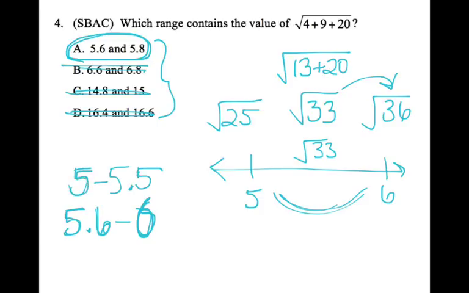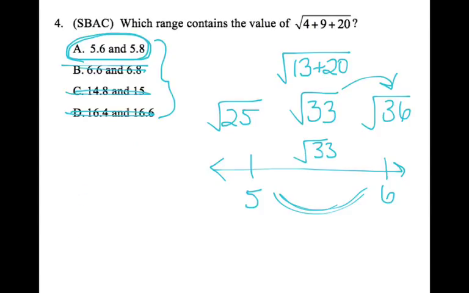Our first choice here is the bottom half of the number line, and this is the top half. Since 33 is only 3 away from 36, that would mean it would be in the top half of the numbers. So it's going to be somewhere between 5.6 and 6. So again, that didn't happen on this problem, but just in case it does on the test, you might need to be aware of which number it's closer to.